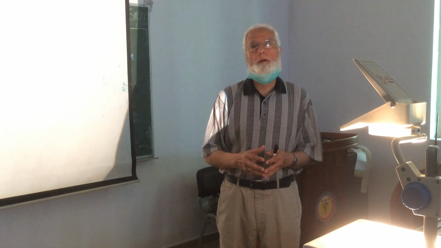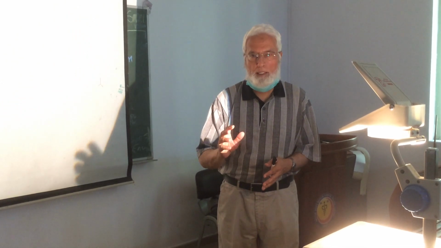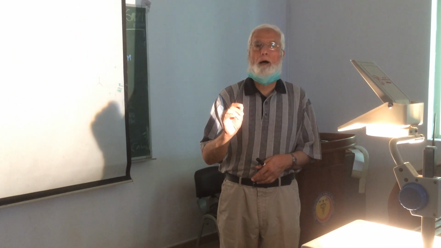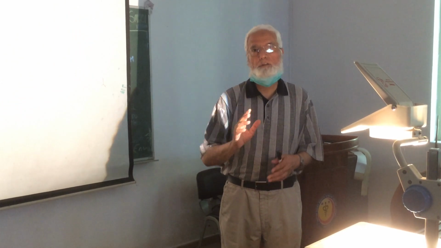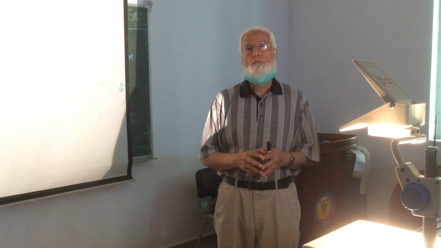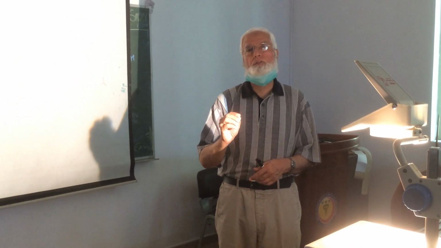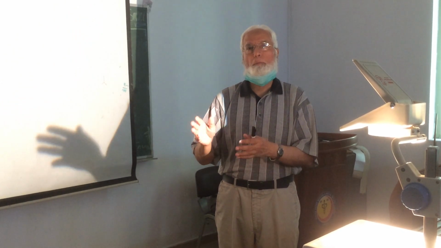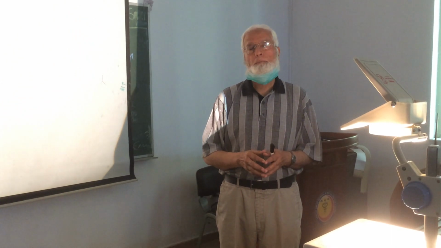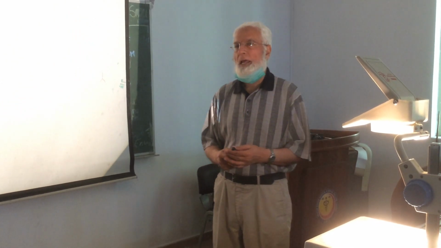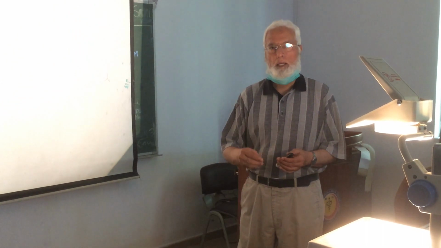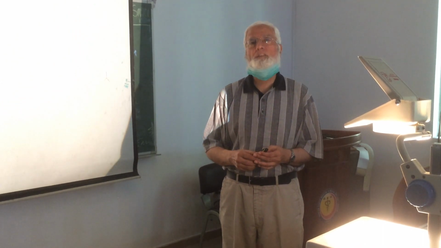So from the periphery, pain impulses are carried by two types of sensory nerve fibers. Two types of sensory nerve fibers carry pain impulses from the periphery to the spinal cord: A delta fibers and C fibers.